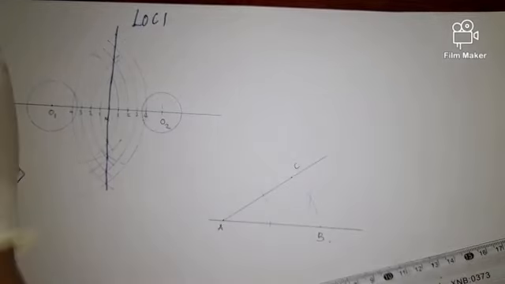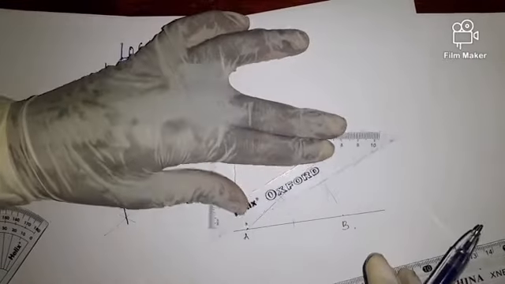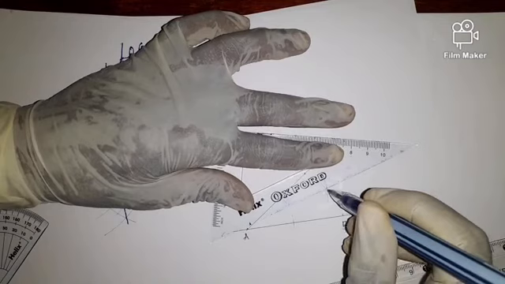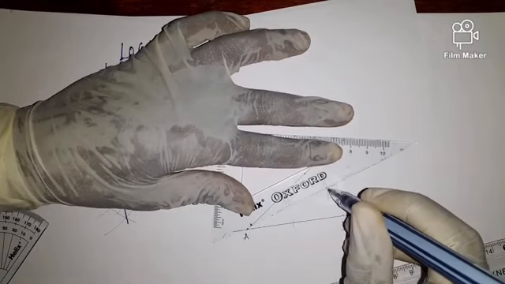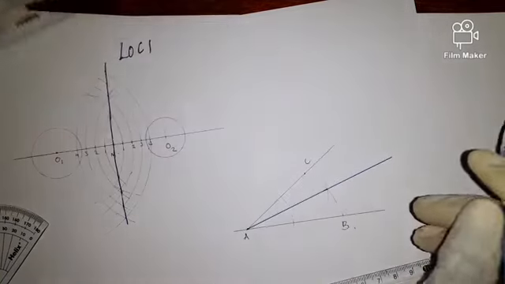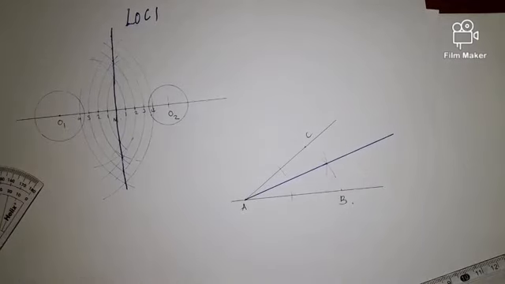So this line here gives us the locus of all points that will be equidistant from the two lines. So all points along that line are equidistant from line AC and line AB.